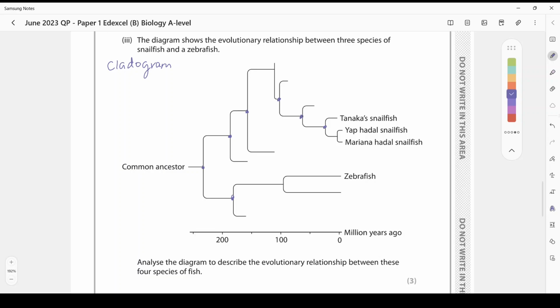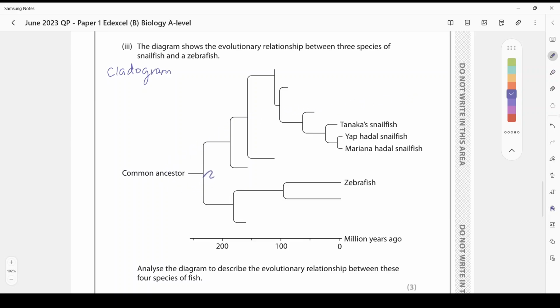A node would represent this hypothetical speciation event in which the common ancestor splits into 2 groups, or 2 species. So the more nodes you have between two groups, the more distantly related they are. And the fewer number of nodes you have between two groups, the more closely related the two species would be.